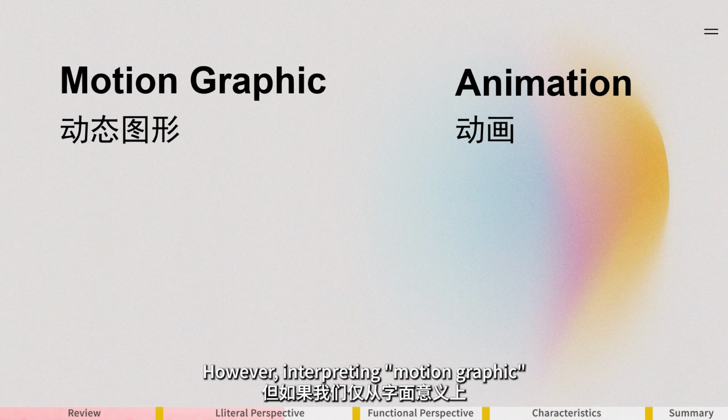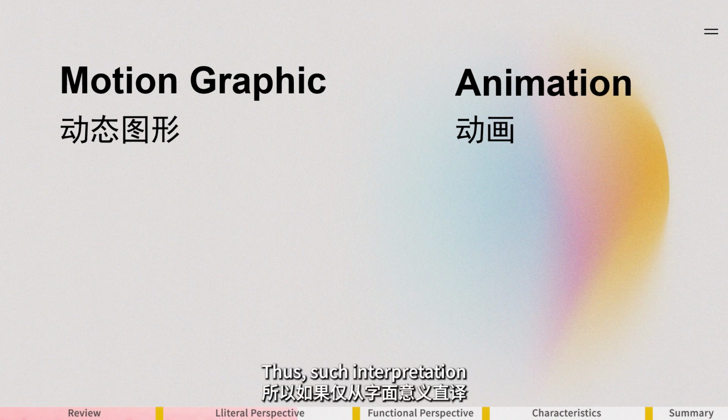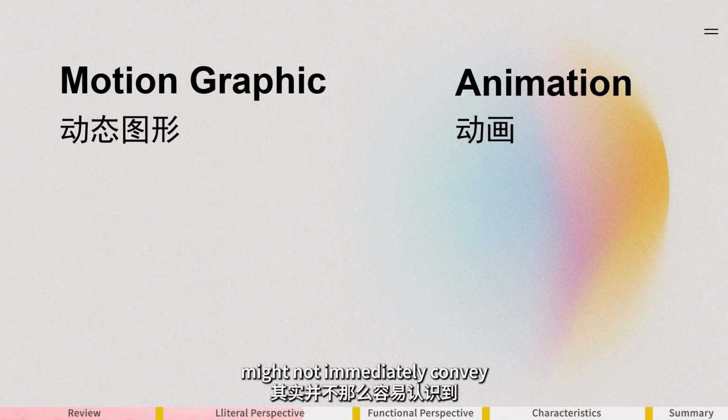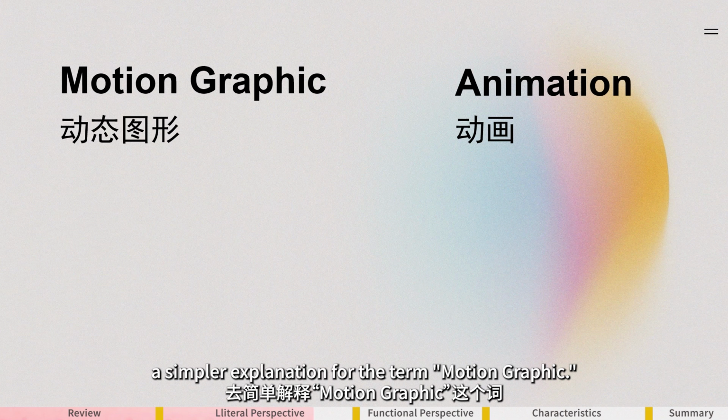However, interpreting motion graphic solely based on its literal meaning might easily lead to confusion with animation. Thus, such an interpretation might not immediately convey the true essence of it. Hence, such an interpretation only provides a simple explanation for the term motion graphic.